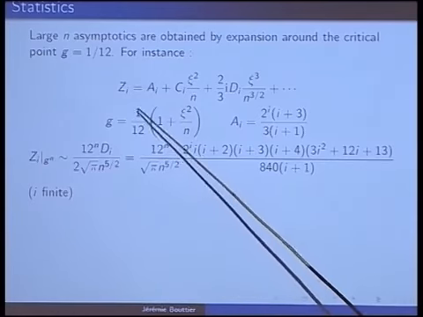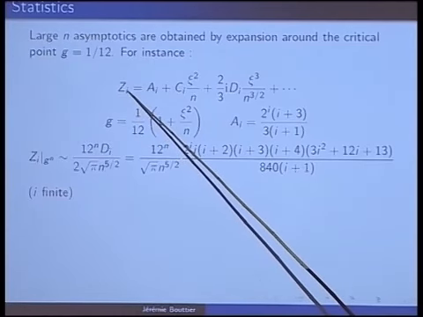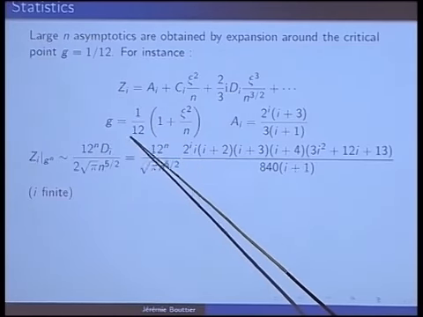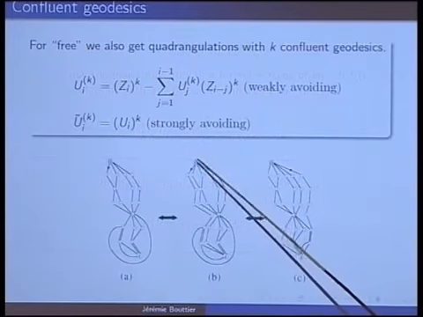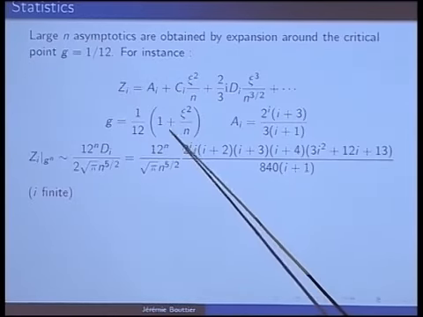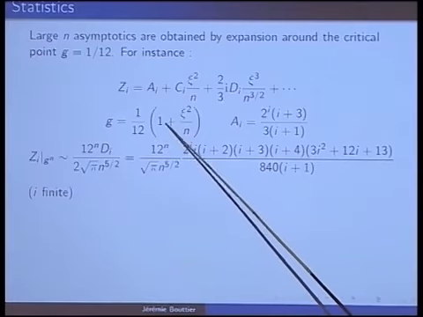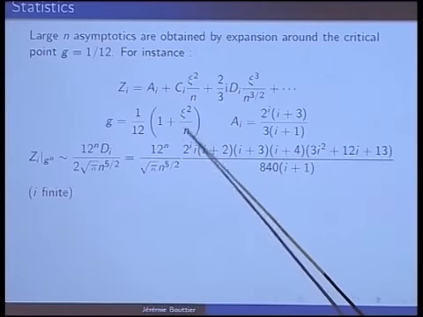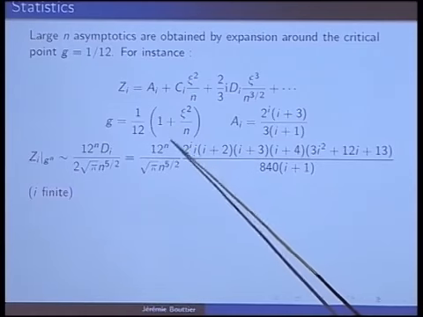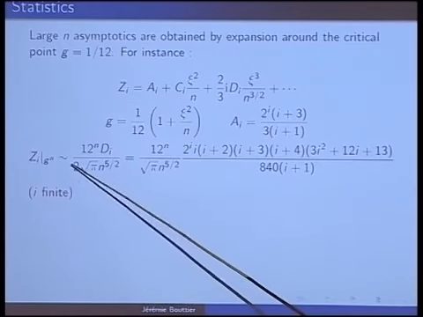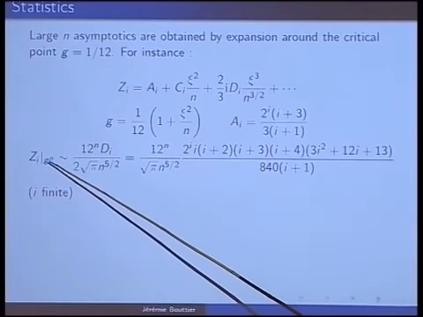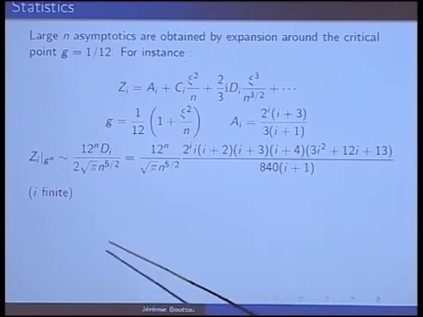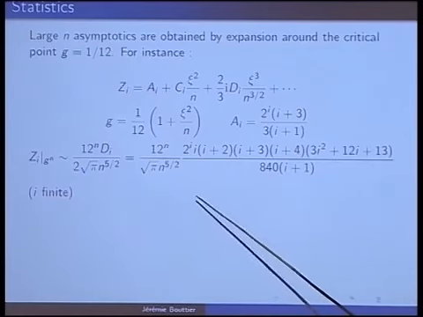So, for instance, if you take the quantity zi that I introduced, then it's explicit. You expand g around this critical value, and you put this because it's a convenient parametrization. Because if you want to compute the coefficient of g to the 2n in this quantity, you just have to do a saddle point approximation.